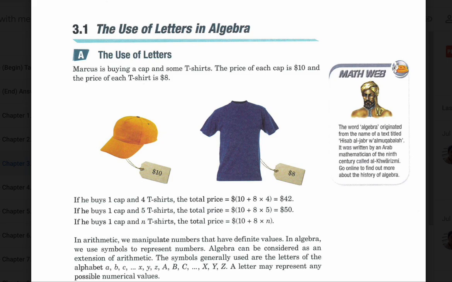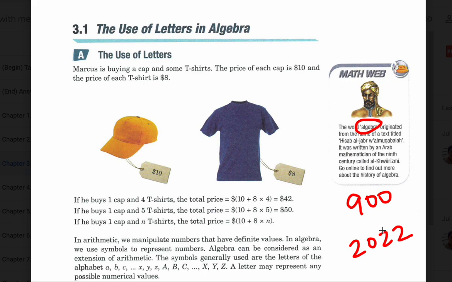So to start off, you've probably heard of the term algebra before. It actually originated from a book that was written in the 9th century, so around the year 900. You know how we're in the year 2022, in the 20th or 21st century?